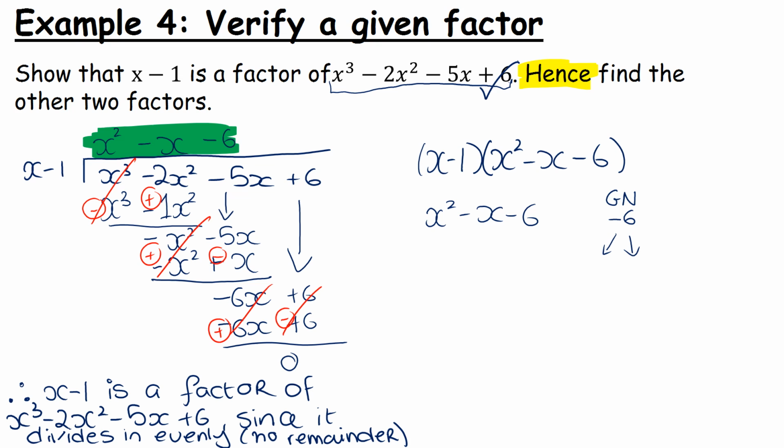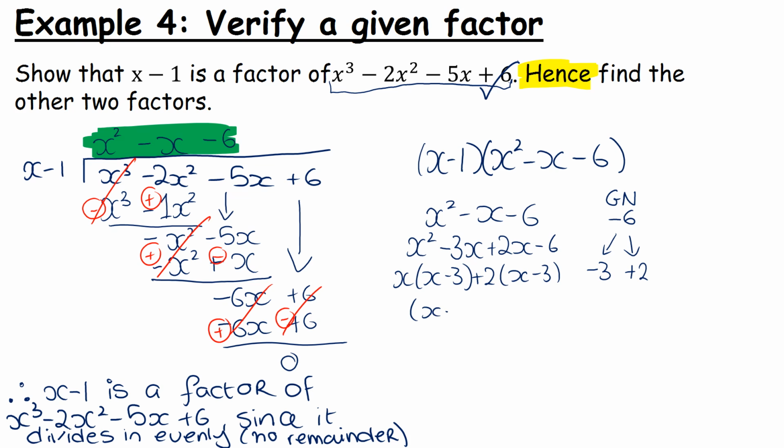So the factors of minus 6, we're going to have minus 3 and a plus 2, so we're going to have x squared minus 3x plus 2x minus 6, and we're left with x minus 3 plus 2 times x minus 3, and then x minus 3 is common, and then x plus 2.